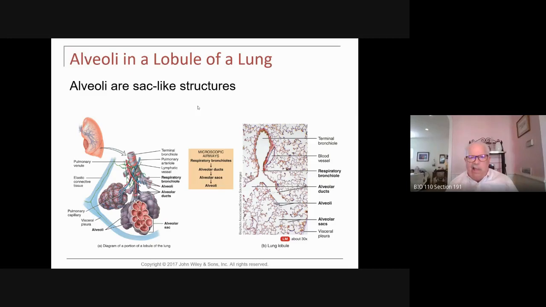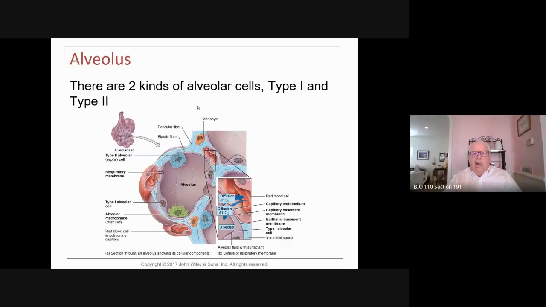Inside of these alveoli are two types of alveolar cells. Type 1 alveolar cell is used in gas exchange. It functions to absorb oxygen and get rid of carbon dioxide.